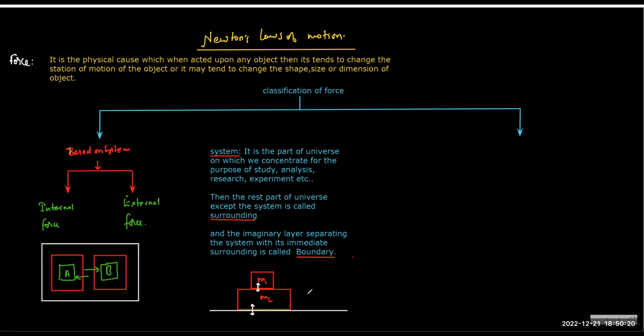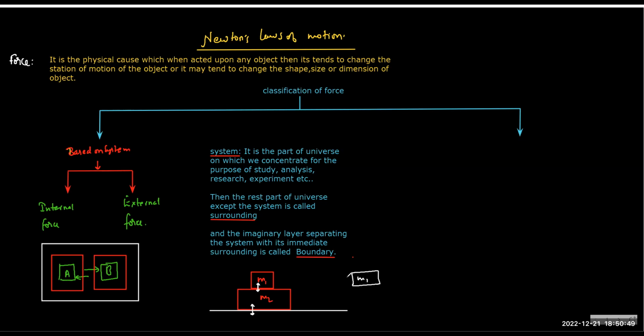Now tell me, guys, if I assume M1 as a system and M2 as a system separately, then the force of interaction will be which force, internal or external? If you consider M1 as a system, then whatever force M2 applies is an external force.